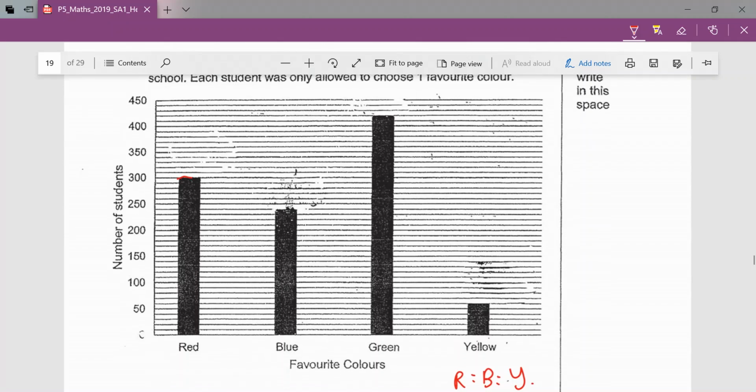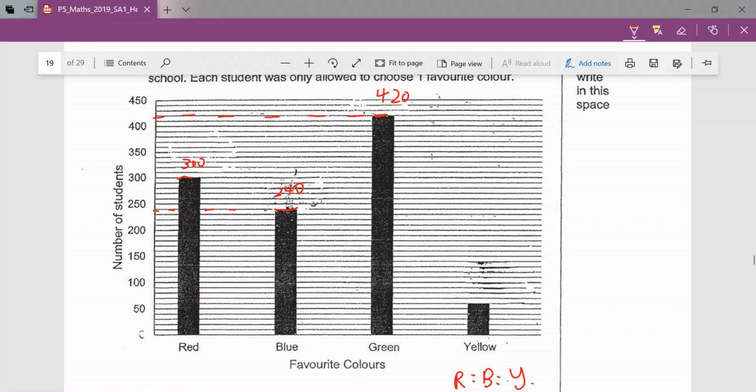Red is over here, this is 300. Blue, a bit cut off, but if you jot it over, you should get 240. This one, if you jot it over, pardon me, I don't have a ruler on the computer, so this is 420.